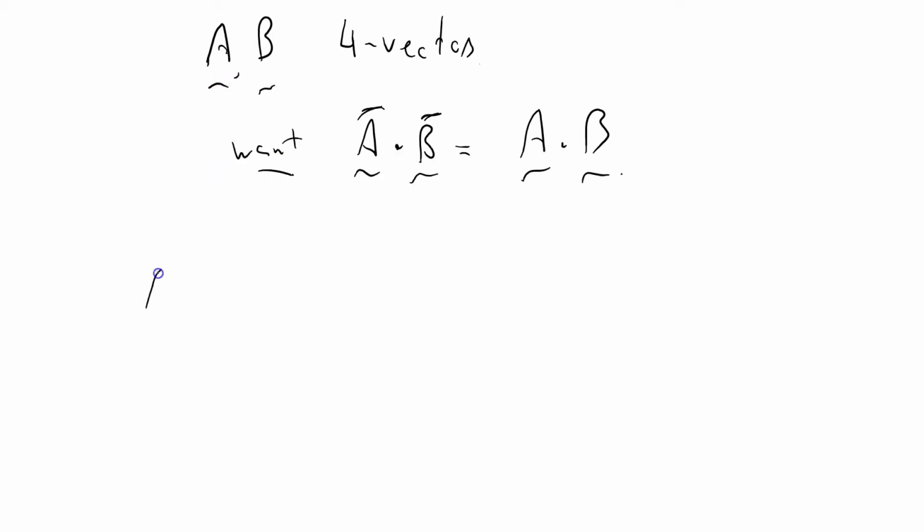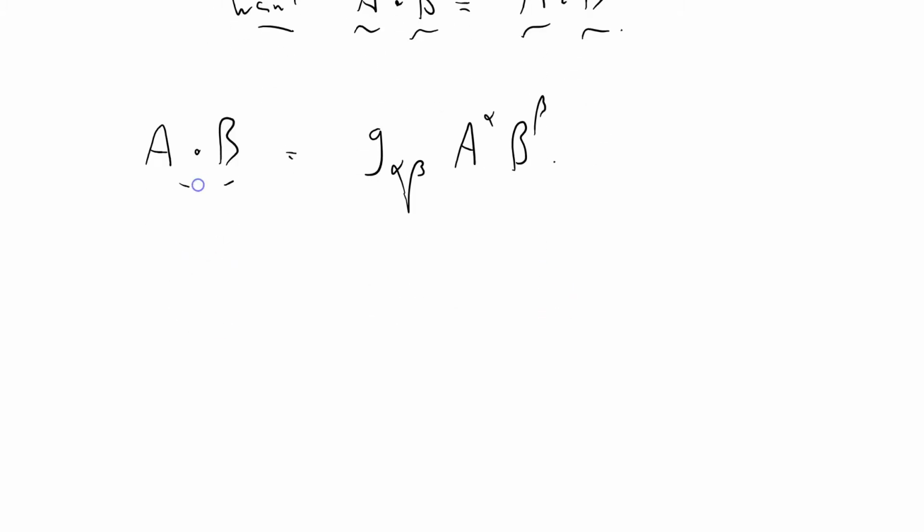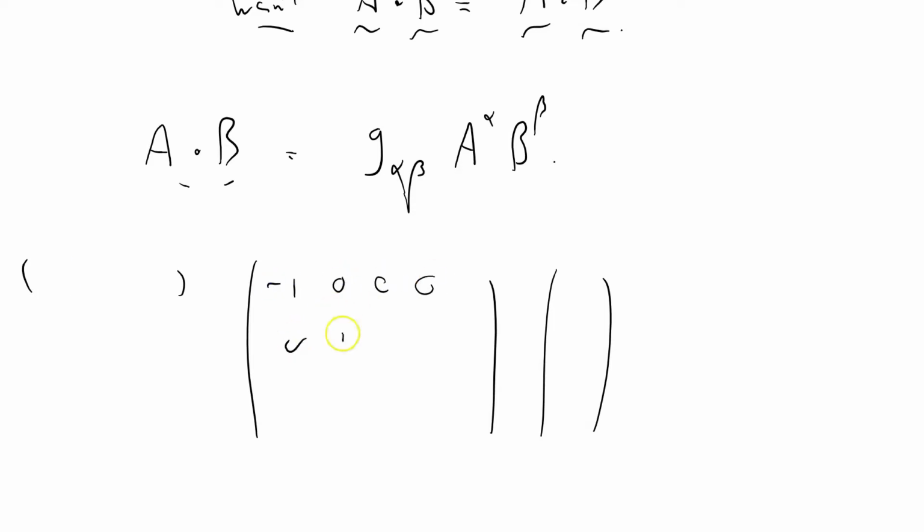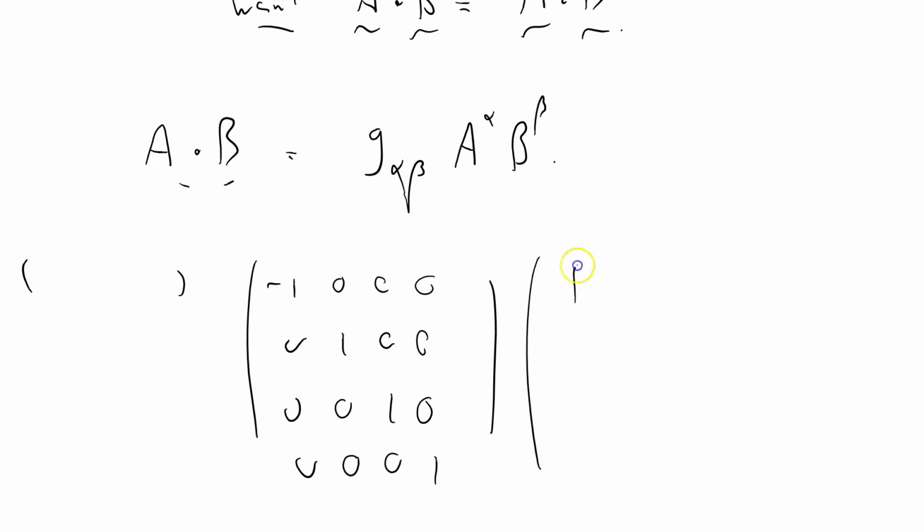Well, let's just work out what that is. A dot B equals g alpha beta A alpha B beta. Writing it out in matrix form, we've got the matrix with -1, 0, 0, 0, then 0, 1, 0, 0, then 0, 0, 1, 0, then 0, 0, 0, 1, and there's my B, B0, B1, B2 and B3.